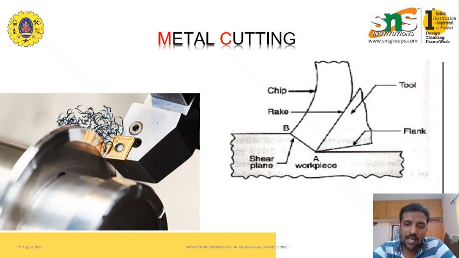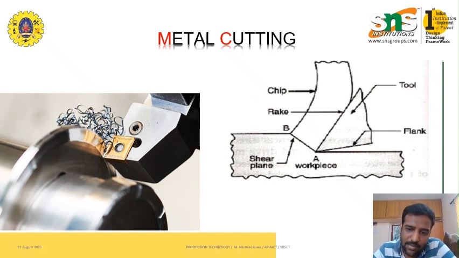So we are seeing here the image on the right side. A solid workpiece is obstructed by a tool, a much harder metal, that we term a tool, and it is going to create a shearing force, a shearing action on the workpiece. So we can see the shearing plane that has erupted from the normal surface.